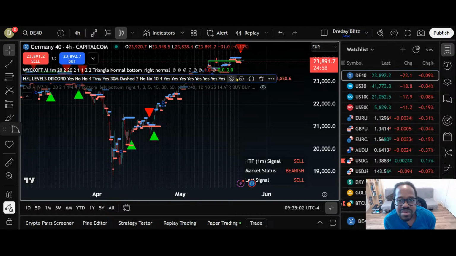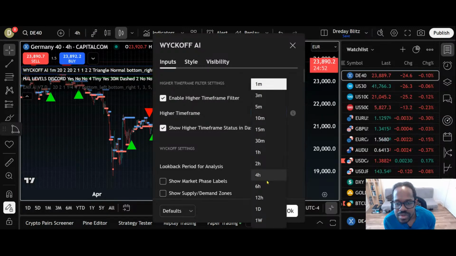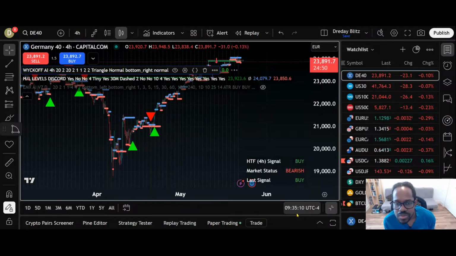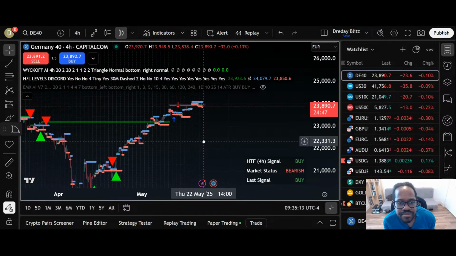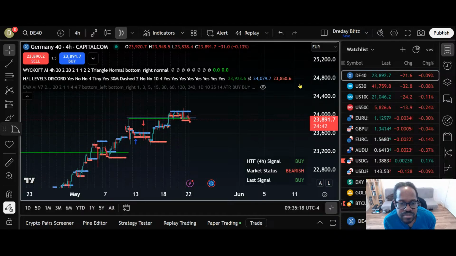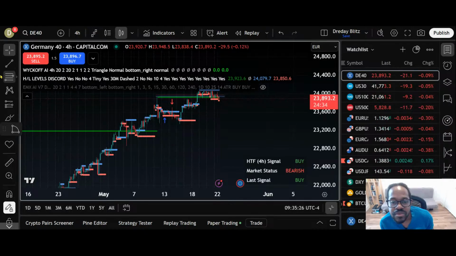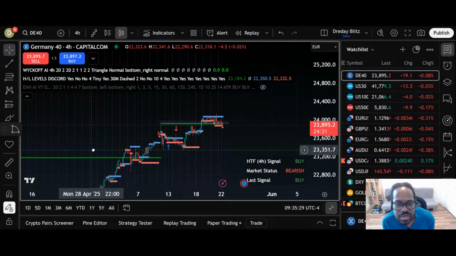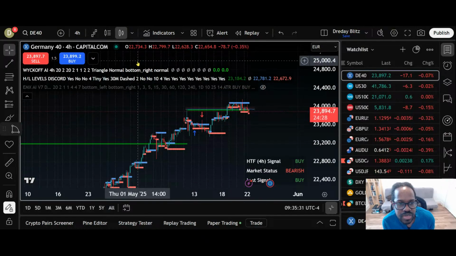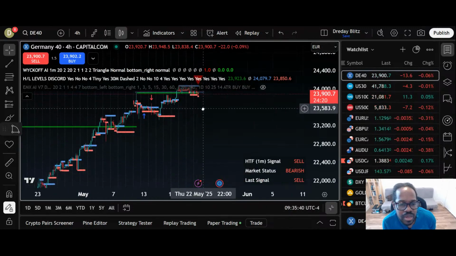So if we look at here, we're gonna put it the way that you said, 4 hour, 4 hour. So it makes no sense to do that, the higher time frame needs to be higher or lower. For that section, it needs to be 1 minute, Leon. So keep it at 1 minute. Better like that.